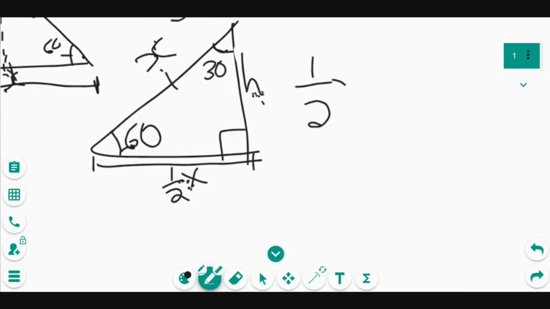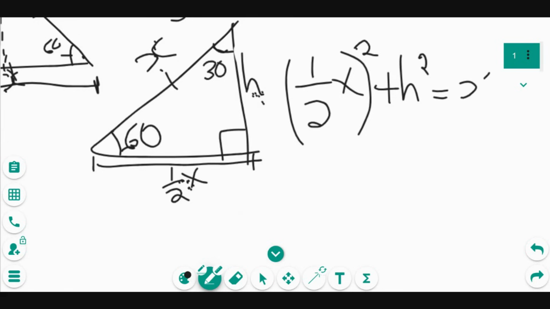So if I have a half of x and I square that, plus h squared, it gives me the hypotenuse, which is the longest side, also squared. That is my Pythagoras theorem. I think we are very familiar. We had a lesson about it. In case you were not there, you can first watch that video, or you can go through that video after this one so that you have a perfect knowledge.